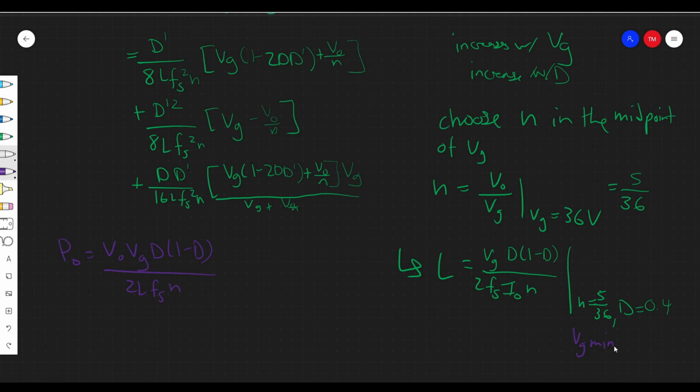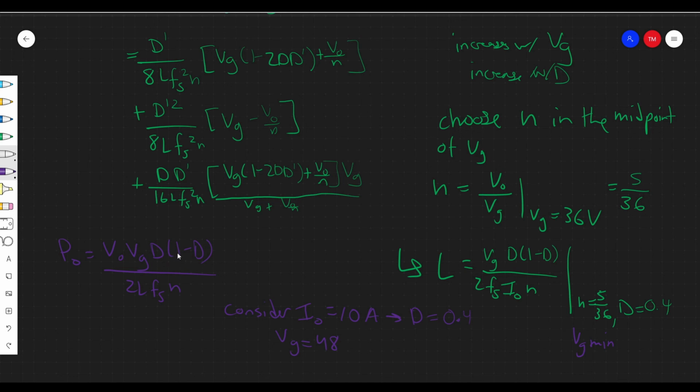Imagine if you chose L when Vg was maximum. The output is drawing 10 amps from the converter. We choose D at this maximum power transfer to be 0.4, and let's say Vg equals 48.